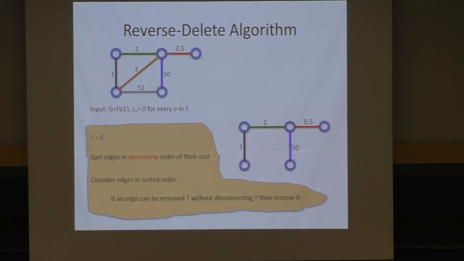Or even a simpler example is if your original graph is a tree, then you cannot drop any edges. So there exist graphs where you cannot drop any edges just because what you start with is a tree. So it is false to say that the max cost edge is guaranteed never to be in the MST. It can be, okay? But in the reverse delete algorithm, that's always the first on the chopping block.